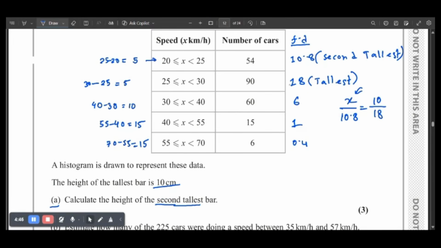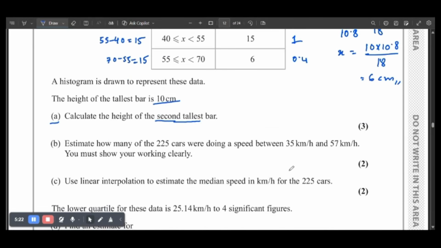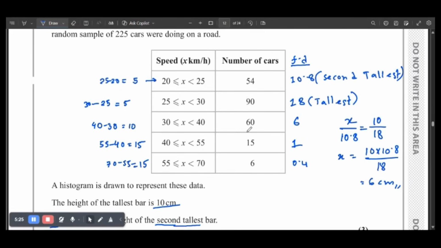We have assumed the height of the second tallest bar is x, and we have formed a ratio of x and 10.8, and equated it with the height and the frequency density of our tallest bar. This gives us 6 as the height. So the answer to our part A is 6.